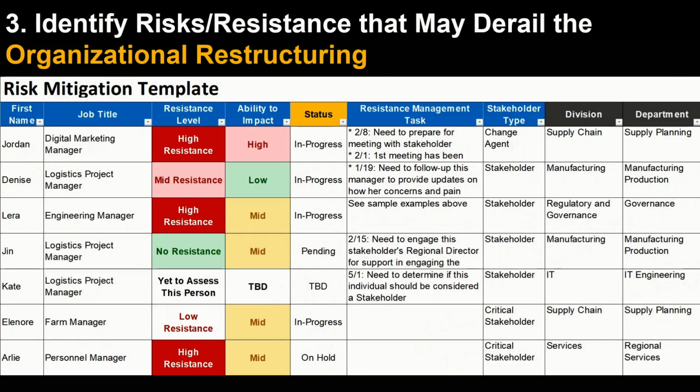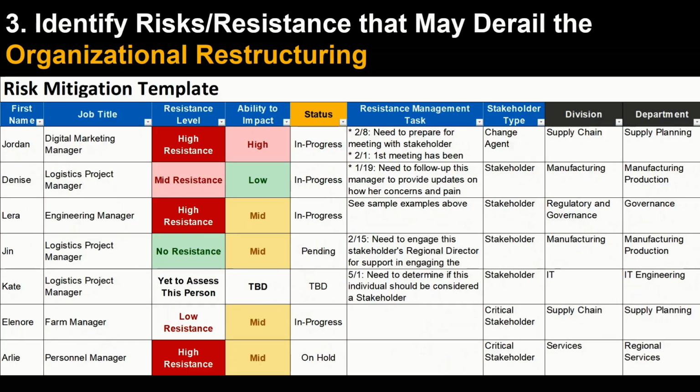Third, you want to identify resistance that may derail the reorg implementation. And so you can use the free resistance management template that I am sharing on my screen. After you populate this template, you want to ensure that you keep this document confidential and show it to people on a need to know basis.